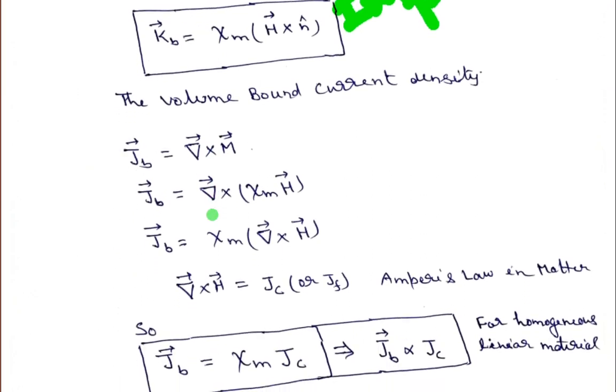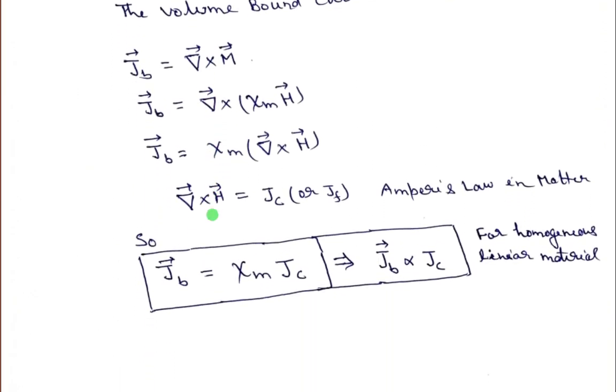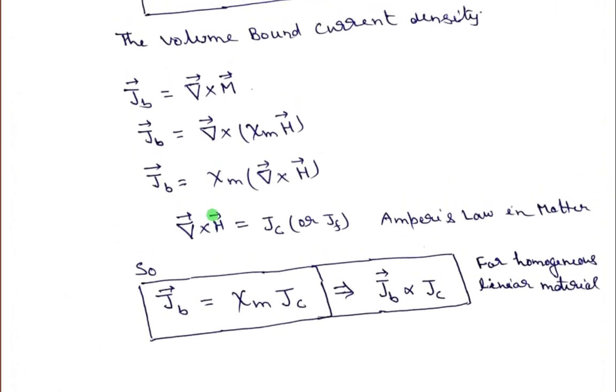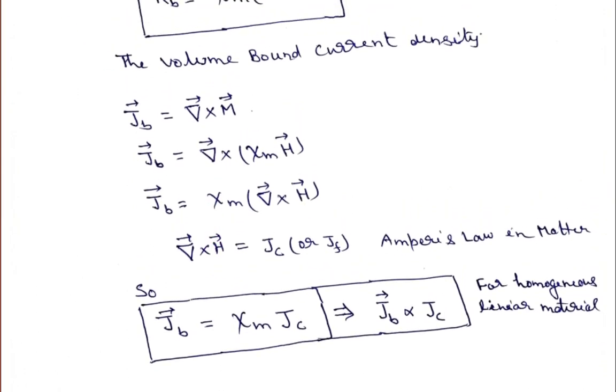Now if we try to define the volume bound current density, we know that for matter JB is equal to del cross M, where M is the magnetization. And we have defined M vector as the magnetic susceptibility of the material multiplied by the externally applied magnetic field H vector.